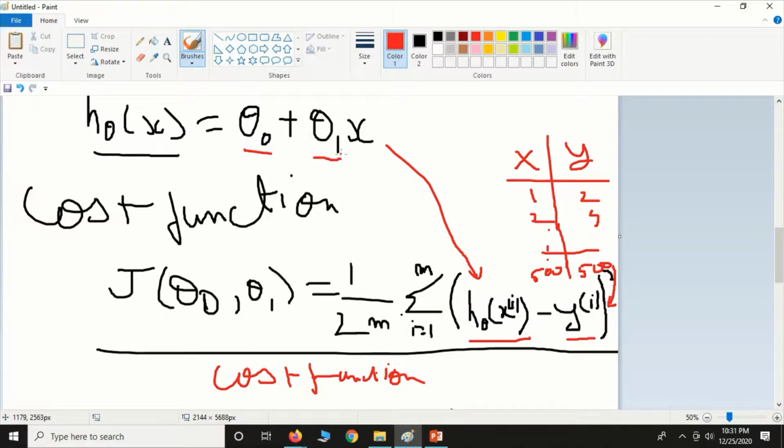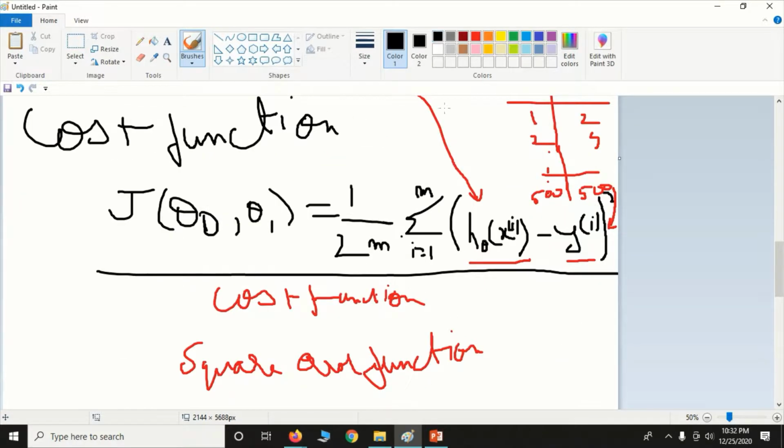Theta 0 and theta 1 are the parameters. Choosing these two parameters perfectly will make our model very accurate. If you choose these parameters accurately, the cost function will automatically get reduced.